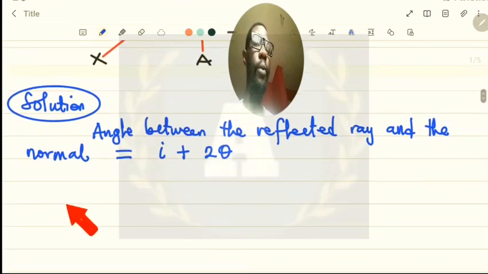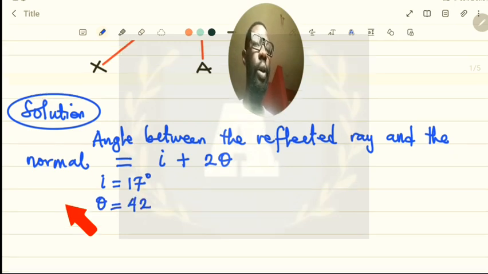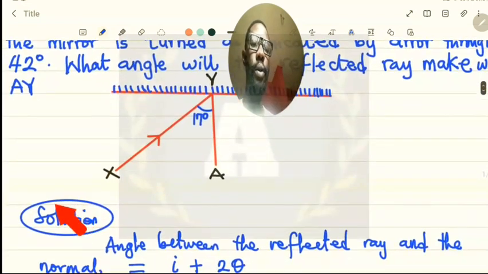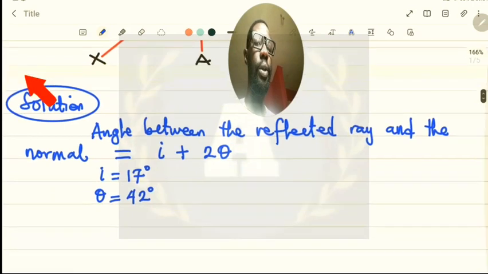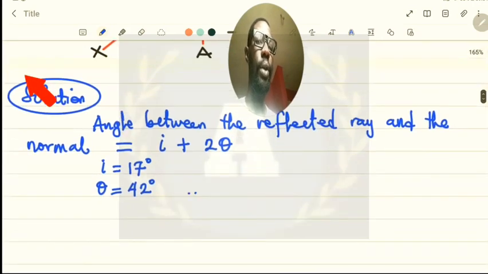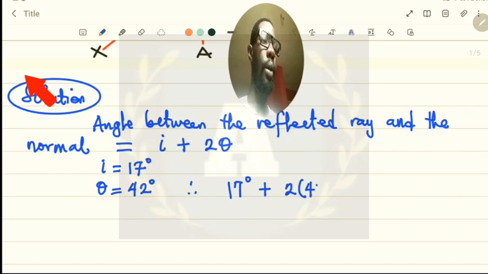From the question, the incident angle is 17 degrees and the rotation angle is given to be 42 degrees. So therefore, you have 17 degrees plus 2 multiplied by 42 degrees.